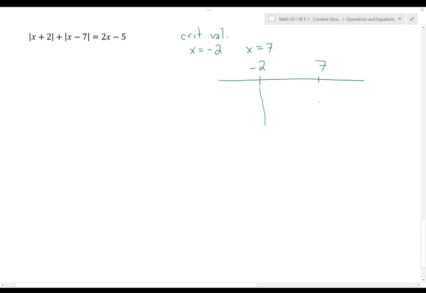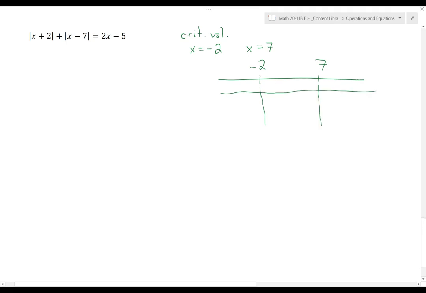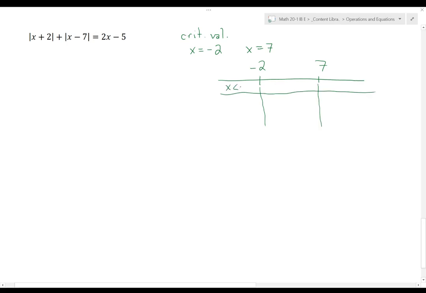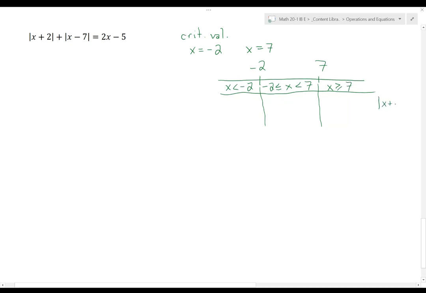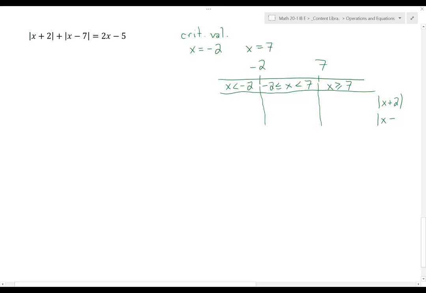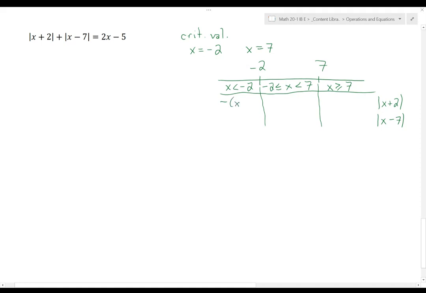Dividing the set of real numbers into three intervals, x is less than negative 2, x is greater than or equal to negative 2 but still less than 7, or x is greater than or equal to 7. And I'm going to consider each of these absolute values in each of those intervals. Values of x less than negative 2 actually make both of these negative, so the opposite of x plus 2 and the opposite of x minus 7.